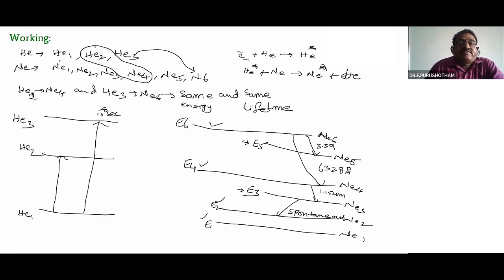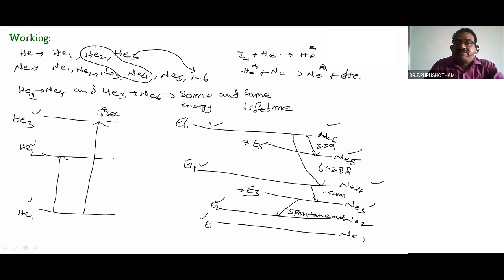A helium atom has three energy levels, He1, He2, He3, but a neon atom has six energy levels, Ne1 to Ne6. When the radio frequency generator discharges the gas mixture, electrons are accelerated and move towards the electrodes.